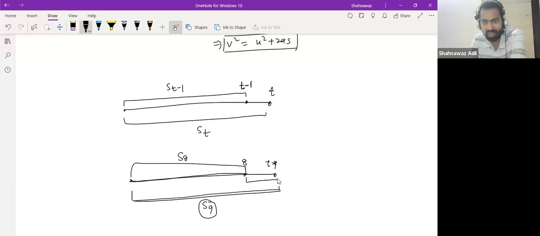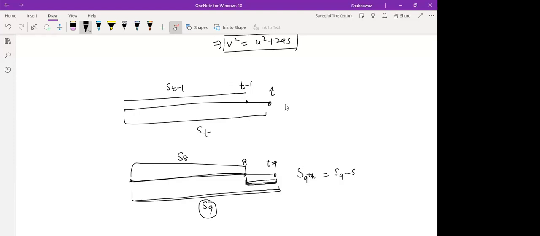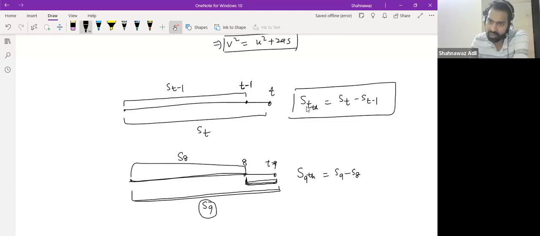But if I want to calculate the distance covered in this much time, the ninth second, this would be the distance. Is that clear to you? Yes, sir. Yeah. So this is the distance traveled in the tth second.